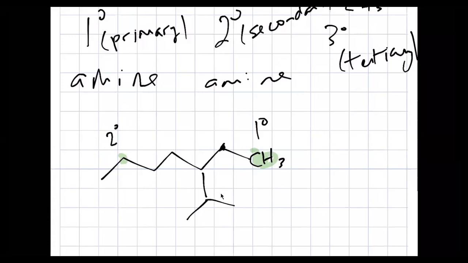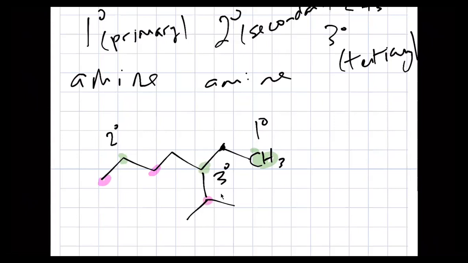Right, can you see that? Because it's got a carbon bonded to it here, and it's got a carbon bonded to it here. And then this carbon here will be tertiary, because it's got 3 carbons bonded to it.